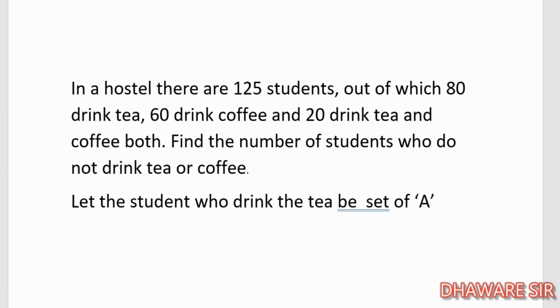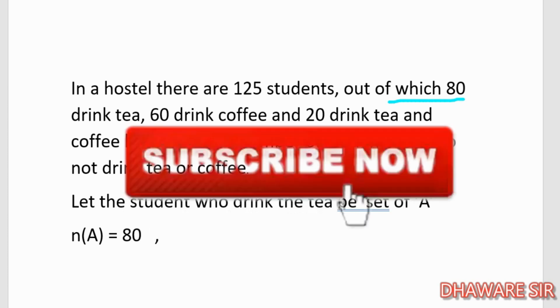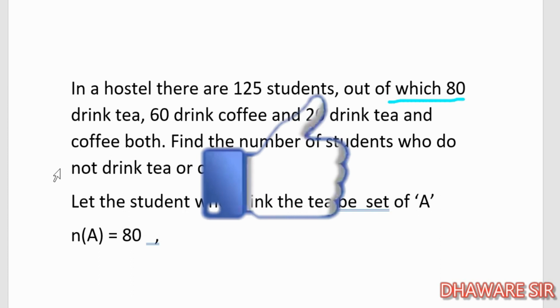Therefore, the number of students who drink tea is equal to n of A. How many students drink tea? We have seen here 80 students. Therefore, the value of n of A is equal to 80. Then this is the second statement.